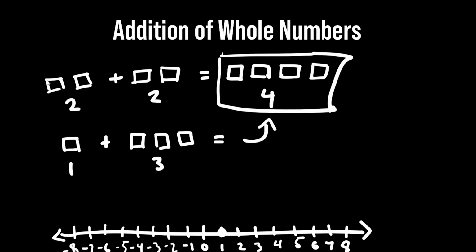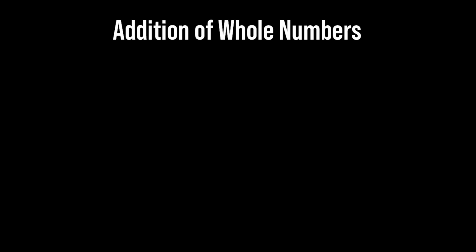We can also visualize it by thinking about moving our point by 3 ticks on the number line. 1, 2, 3. And our point now rests here, which is equal to 4. Now that you guys have a good idea of how squares can be used to represent numbers, let's just use the numbers themselves now.